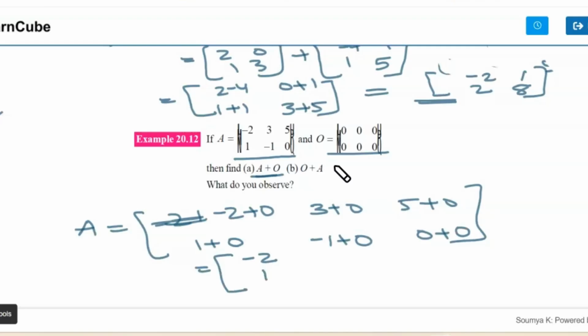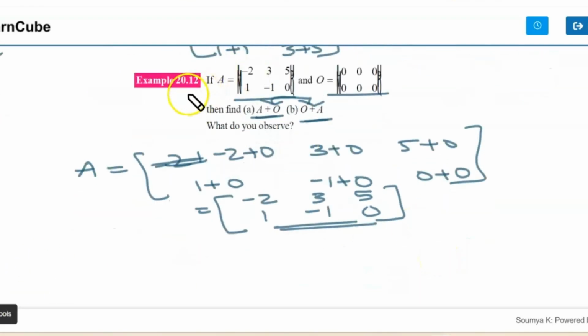So minus 2, 3, 5, 1, minus 1, 0. So this is the solution. And if you similarly do 0 plus A also, you are going to get this A matrix only. In that case, you can say both are the same. So the additive identity matrix exists. Okay, so that is the solution of your question number 20.12.